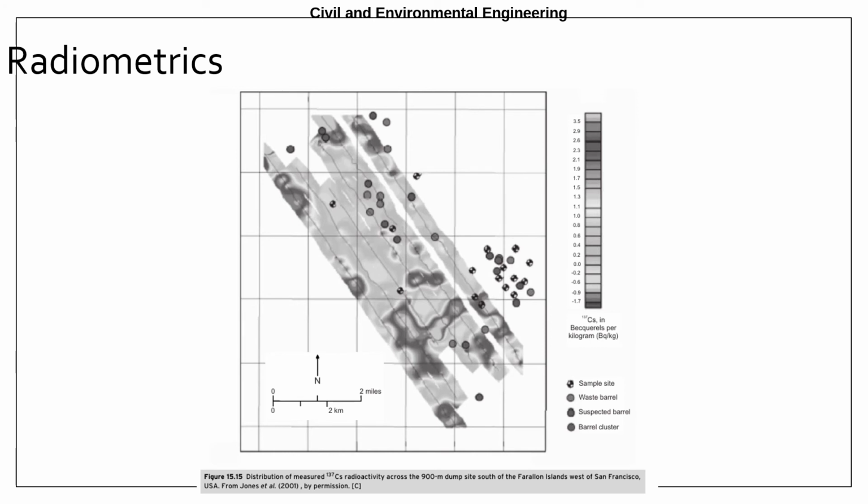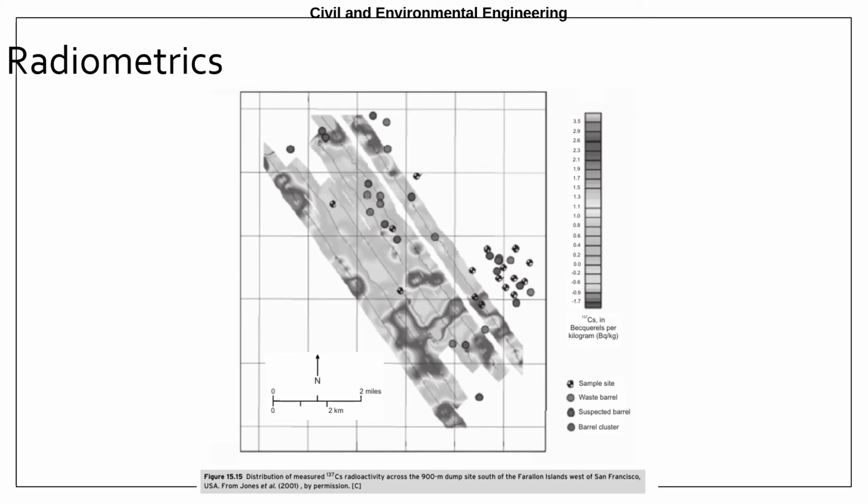Then they overlay the radioactive readings, so areas with high radioactivity. Sorry, this is supposed to be a color scale, but the textbook publishers turned it into grayscale. So it's almost impossible to see which ones have high radioactivity and which have low.